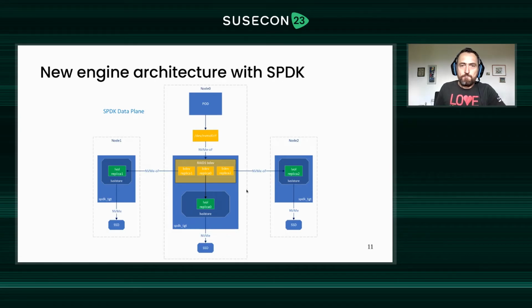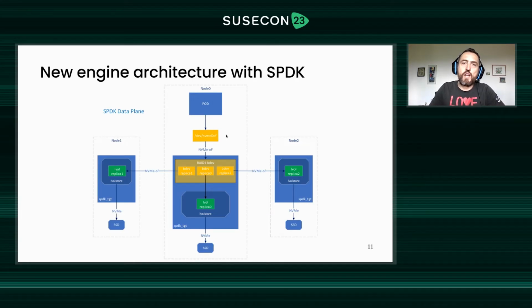Another thing that we can say is that in the future, this part of the architecture may change, because actually using an NVMe over Fabric interface to expose a local BDEV in the machine for creating a block device can be quite weird, let's say.